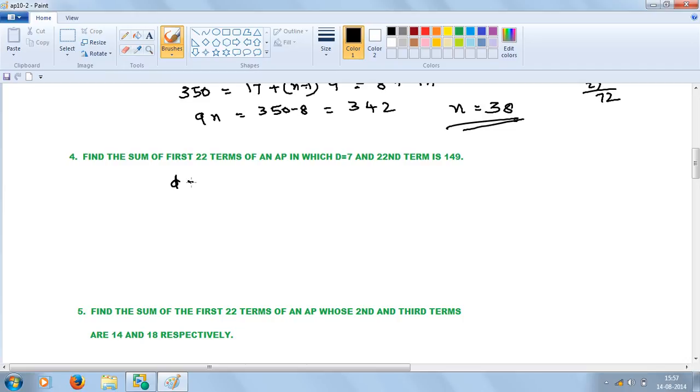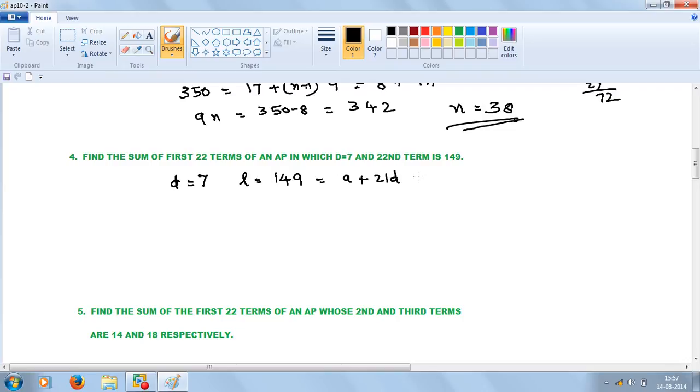So common difference D is equal to 7. Last term is equal to 149, which is equal to A plus 21D, since there are 22 terms.